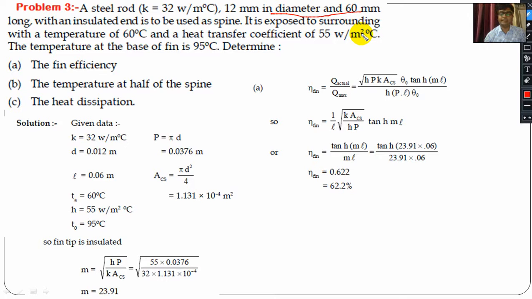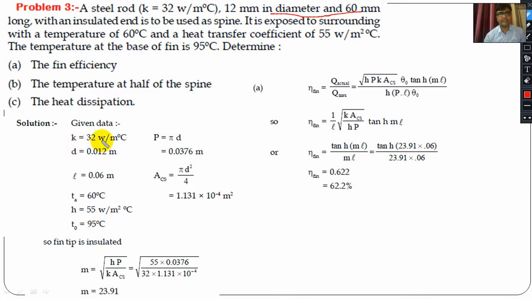So you can apply the same theory as you learned in the fin classes. Clear? If the area of cross section from the root of the fin to the tip of the fin is uniform, you can use the same theory. So this is the diameter of the fin, and the length of the fin is already given. So what is the given data?